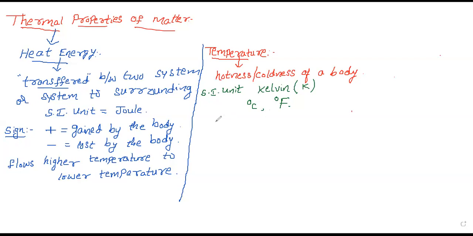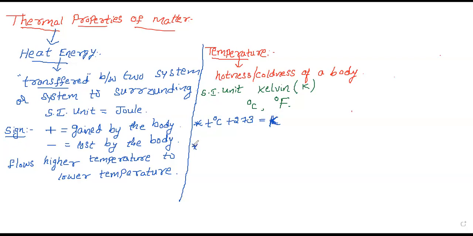To convert degree Celsius into Kelvin, the degree Celsius value plus 273 gives the temperature in Kelvin. Please remember this.